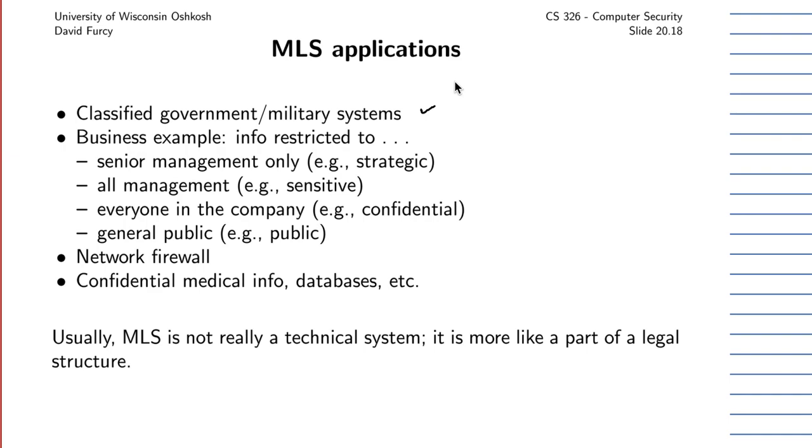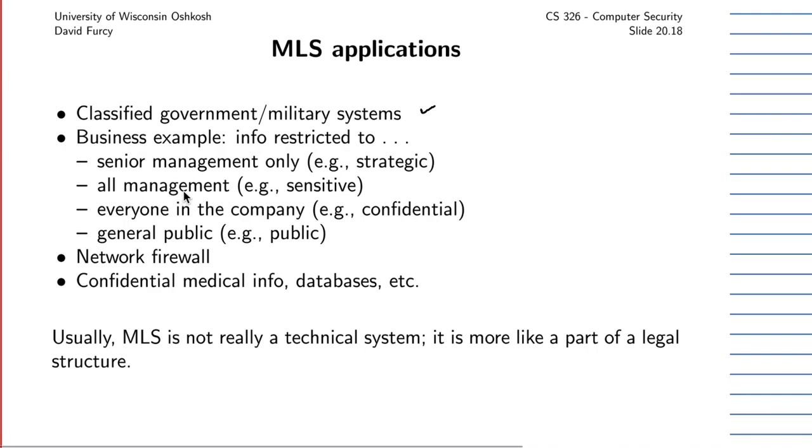to the business setting. For example, you could have documents that are accessible to the general public. They would be given, say, a public label. Or it could be a document that's only accessible to people within the company. This could be called a confidential label. Then you could have a more sensitive document that is only accessible to the management within the company.